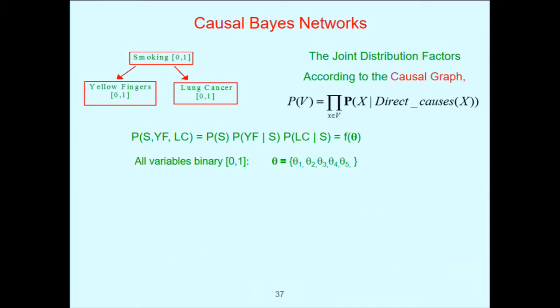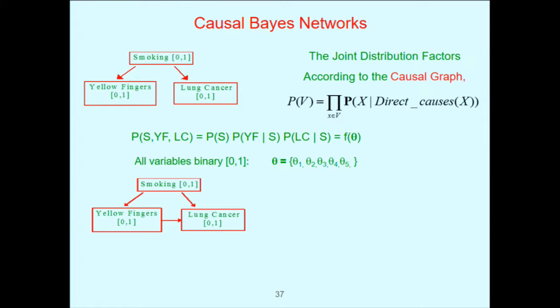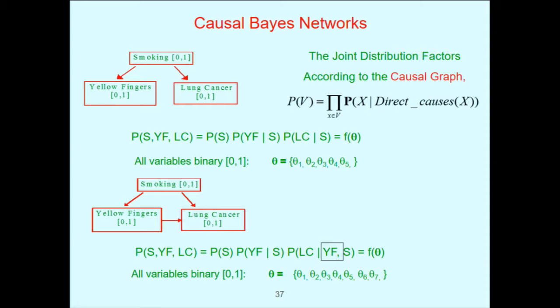Now, let's suppose that it was a different graph in which I had yellowed fingers causing lung cancer, and so all the variables were connected by at least one edge. Well, then the same idea has to add yellowed fingers into the distribution that lung cancer is conditional on, and that would add another term, so now I'm going to have to use 7 parameters for this distribution instead of 5.